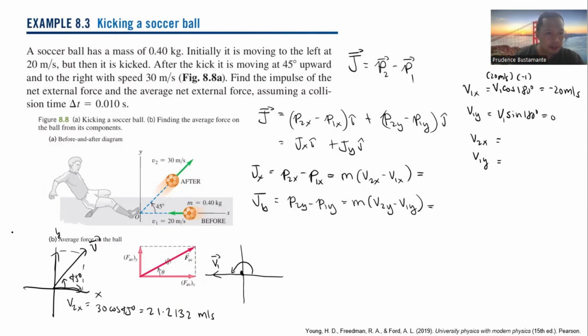And v2y is equal to v2 sine 45 degrees, 30 meters per second times sine 45 degrees. Is that cosine or sine? This is actually sine because it is the y component.